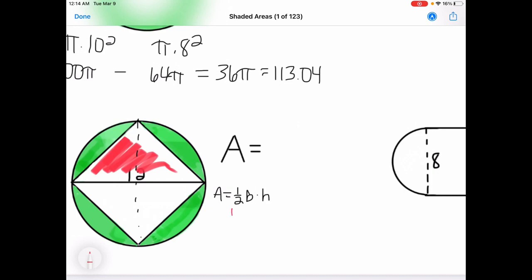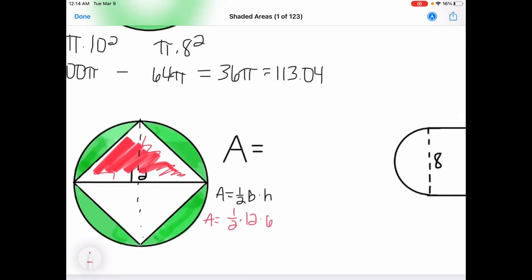So 1/2 of 12 times my height. Well, since my height is only halfway across, then my height would be 6. So 1/2 times 12 is 6, and then 6 times 6 is 36. So the area of this top triangle is 36 square units.